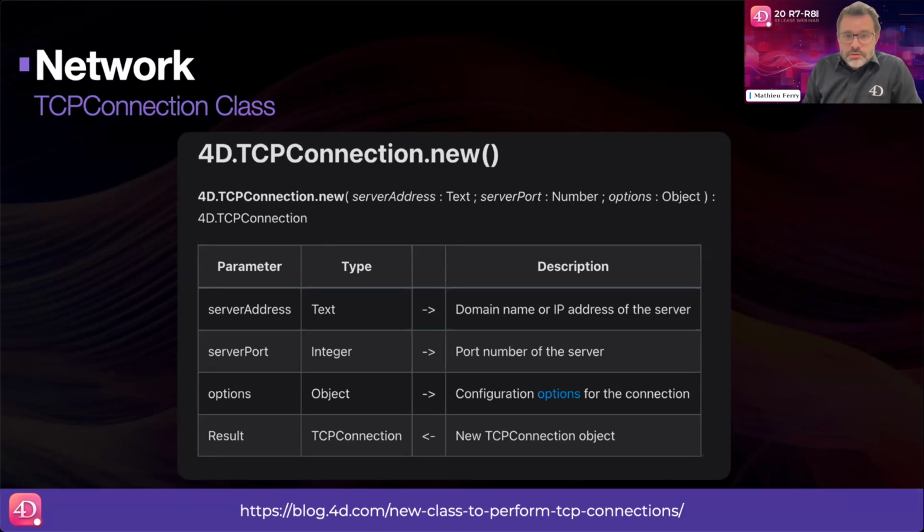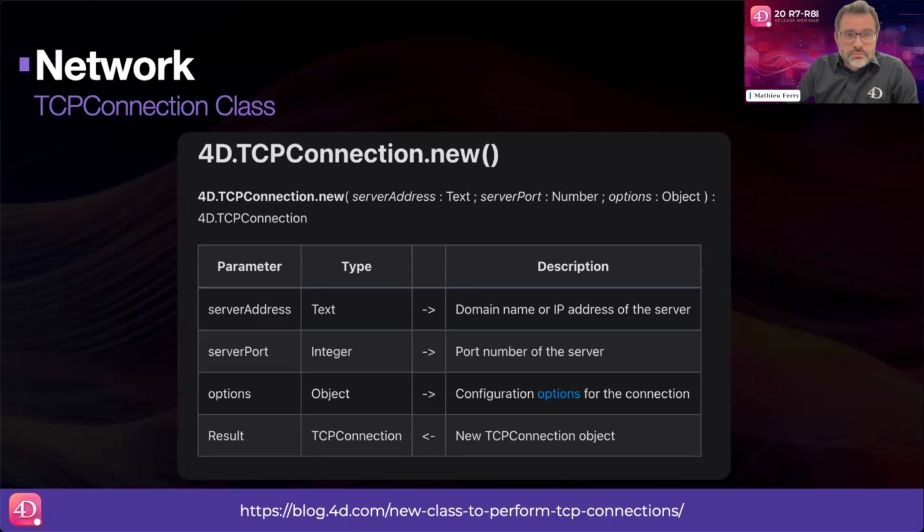With TCPConnection, you can establish direct communication with external servers, printers, cash registers, or industrial devices. It supports sending and receiving binary data through events, ensuring responsive interactions. The good news is that this is the client part, but the server part is in progress and will be delivered soon.